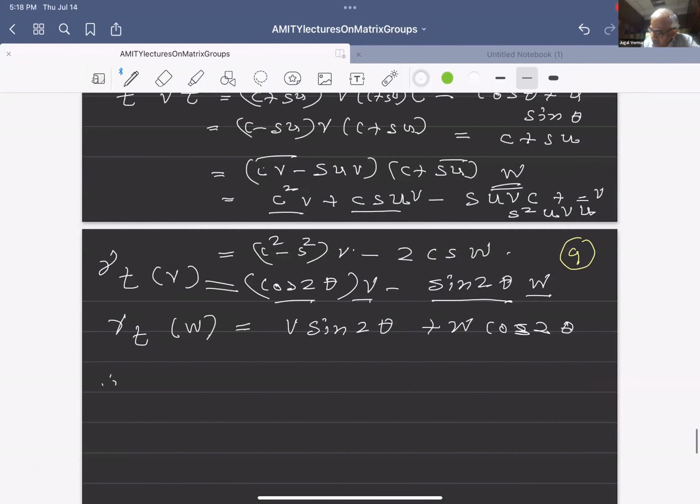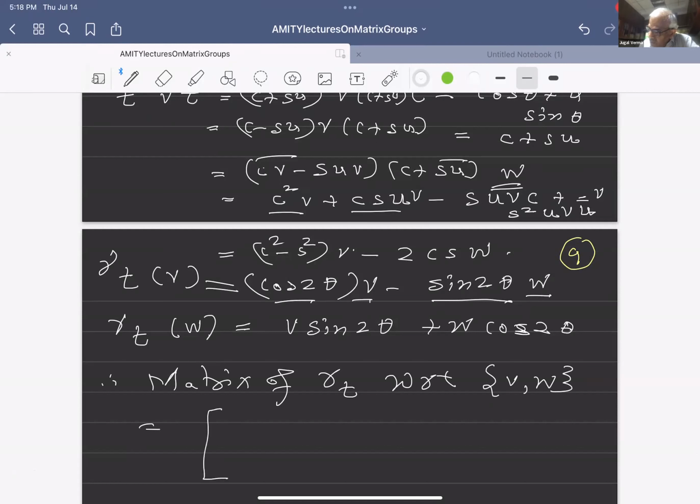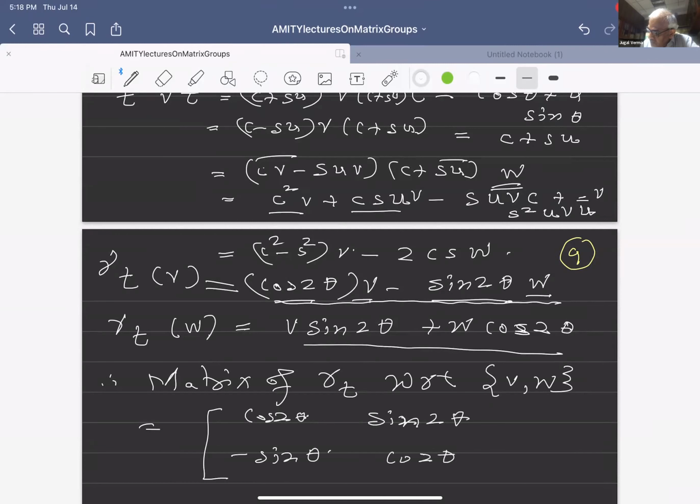So the matrix of gamma T with respect to the basis V and W: V maps to cos 2 theta, minus sine 2 theta, and W maps to sine 2 theta, cos 2 theta.